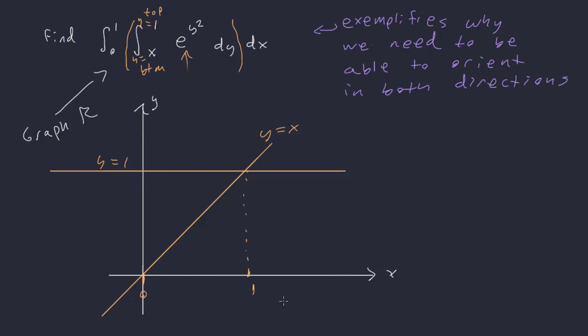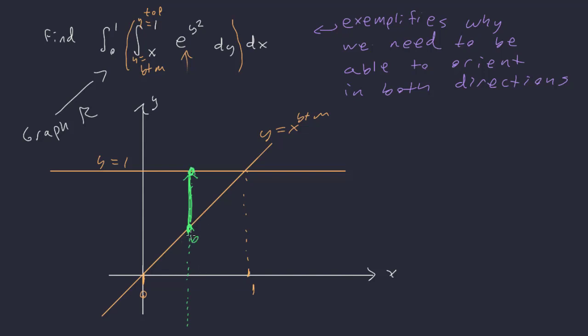So then it's a question of, if we're living in here, is it, say, this lower triangle or this upper triangle? Okay, and that's where the bottom to top comes in, because we're told that y equals x is the bottom. Right, so that means when we go from bottom upwards to top, we're going to hit this guy first and then hit y equals 1.